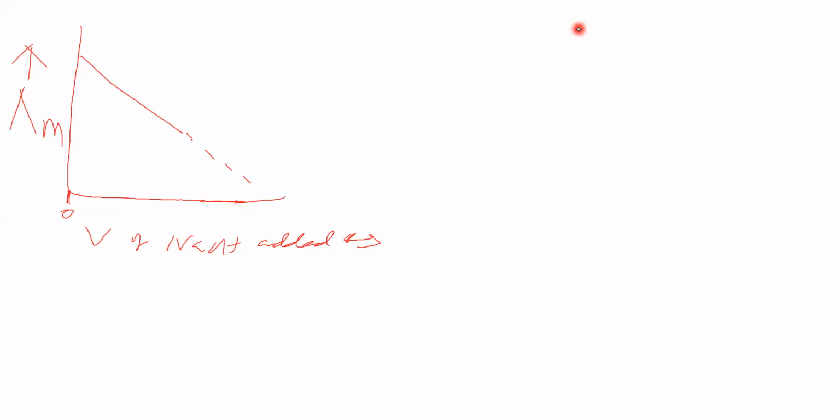That means the reaction takes place continuously, HCl continuously converting into NaCl and water. At one stage we will get the equivalence point. Suppose the equivalence point is this one. Okay, so we got the equivalence point.